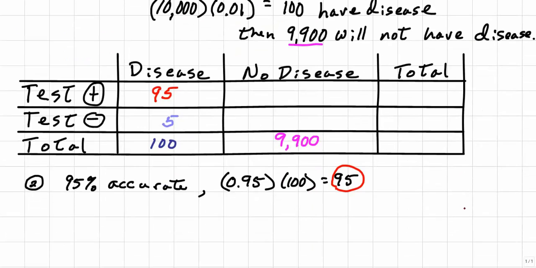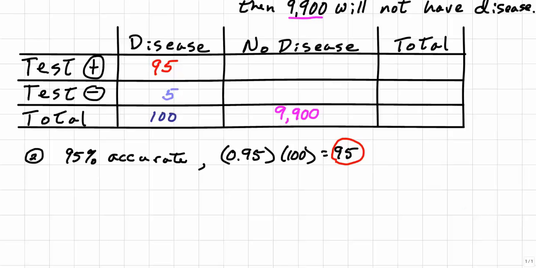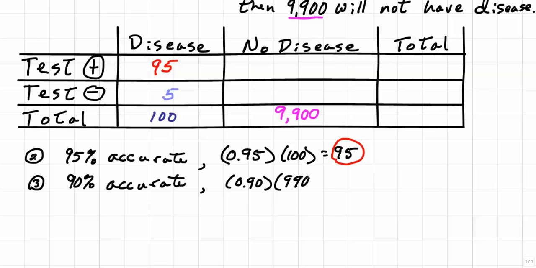So we have 9,900 people that do not have the disease, and for our next step we consider that the test is 90% accurate, which means we multiply 0.90 times 9,900, and that will give us 8,910.